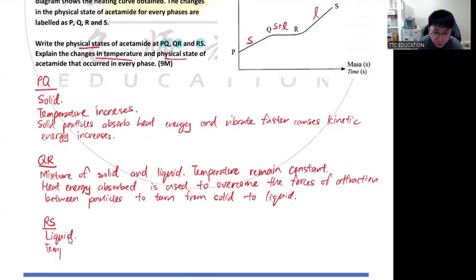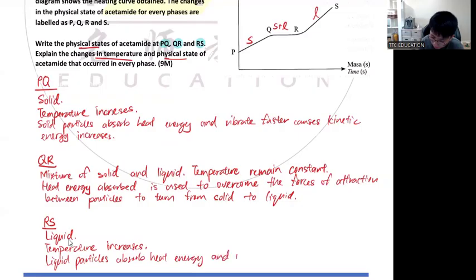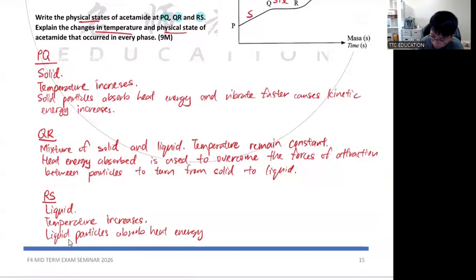I realized when I was writing my last one. So for the last one, temperature increases. So we say liquid particles absorb heat energy and move faster. Causes kinetic energy to increase.